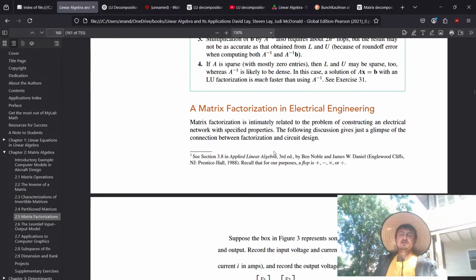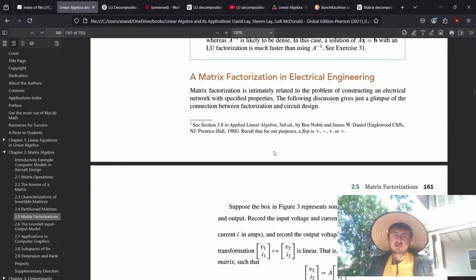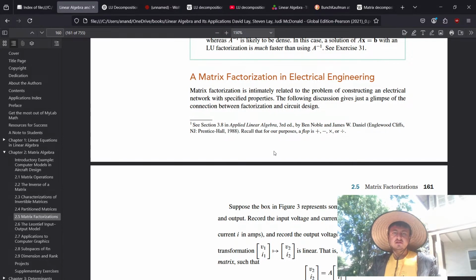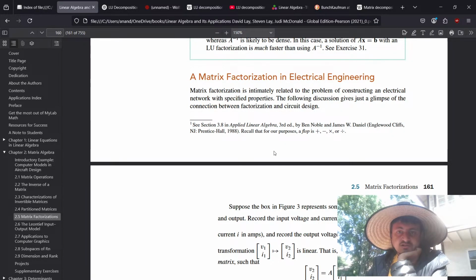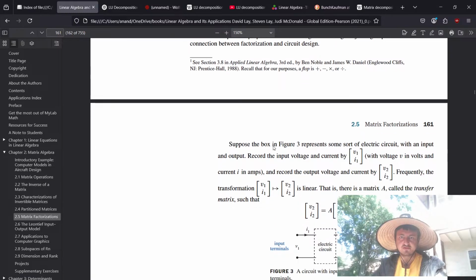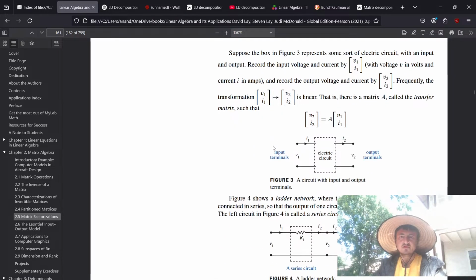All right. So, matrix factorization in electrical engineering. Matrix factorization is intimately related to the problem of constructing an electrical network with specified properties. The following discussion gives a glimpse of the connection between factorization and circuit design. Suppose the box in figure 3 represents some sort of electric circuit with an input and output.